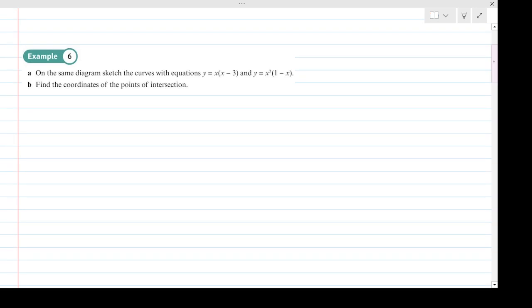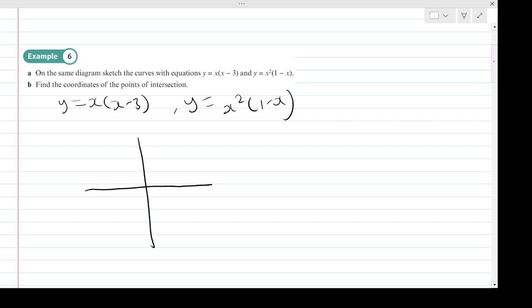So we have this example here, and it says on the same diagram, sketch these curves. y is x(x minus 3), and also y is x squared (1 minus x). Okay, cool. So draw a big axis there. First of all, we just need to sketch these two graphs.